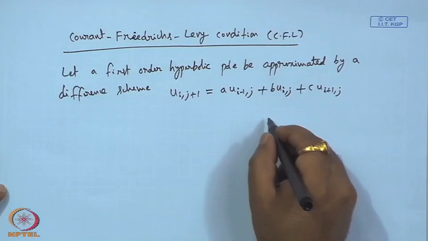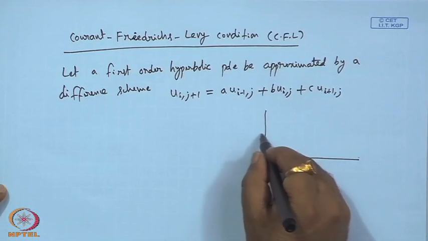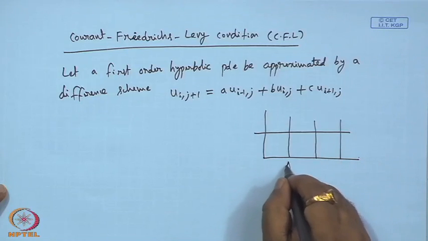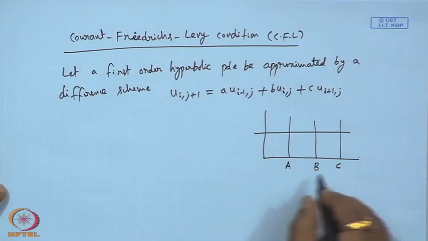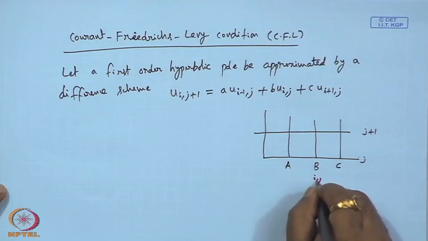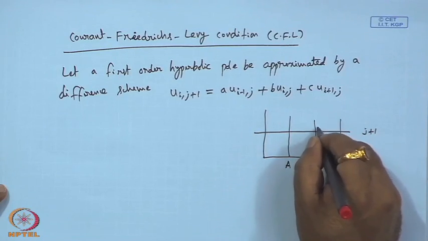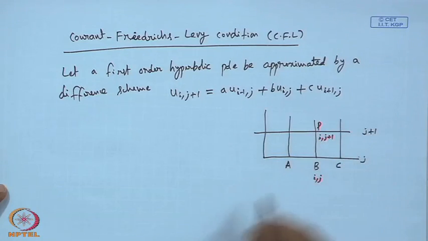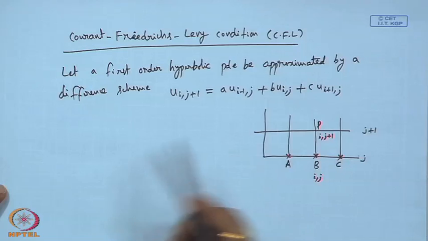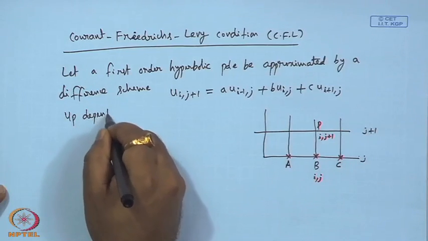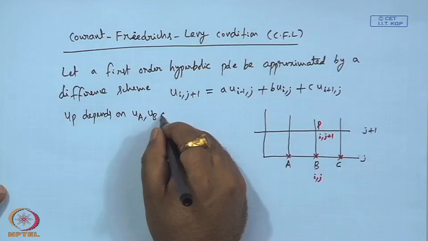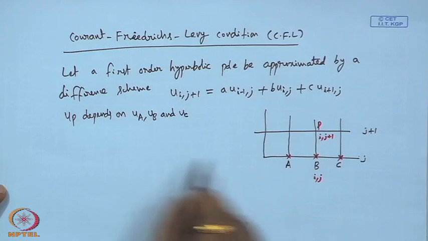Here the mesh points are A, B, C, at level j, and the point P at level j plus 1. That means U_P depends on U_A, U_B and U_C, which are the mesh points.